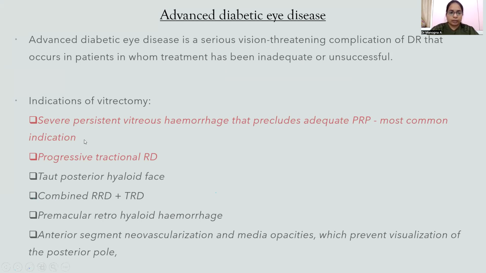Severe persistent vitreous hemorrhage, which precludes adequate PRP, is the most common indication, followed by tractional RD as the second most common. Third, posterior hyaloid phase, combined RRD and TRD, that is rhegmatogenous and tractional, and anterior segment neovascularization. These are the indications of vitrectomy.